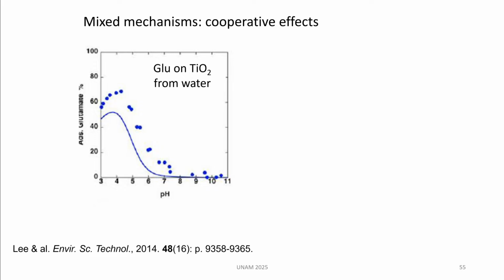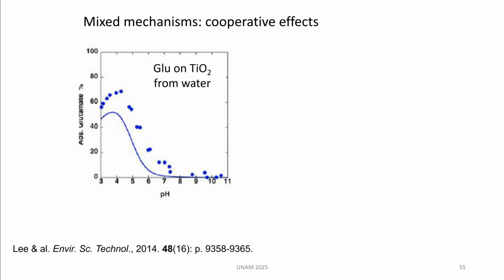And because life is always complicated, sometimes you have two adsorption mechanisms at the same time in the same system. I will take an example here from a classical coordination chemistry study, the adsorption of glutamate, another amino acid, on titania from water.